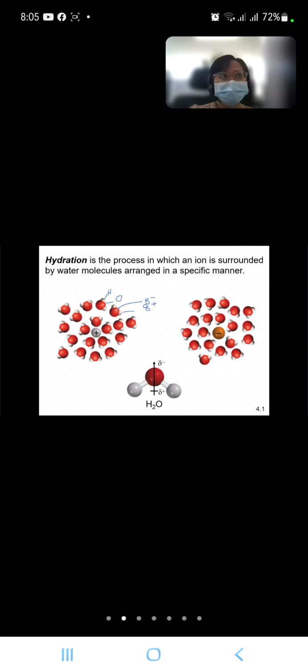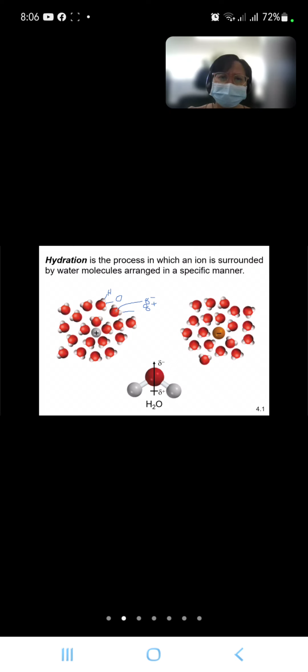one of the periodic properties is electronegativity, no? In a molecule like water, oxygen already has 8 electrons, while hydrogen has only 1 electron. Oxygen, although it has 8 electrons, still has a hunger for electrons.